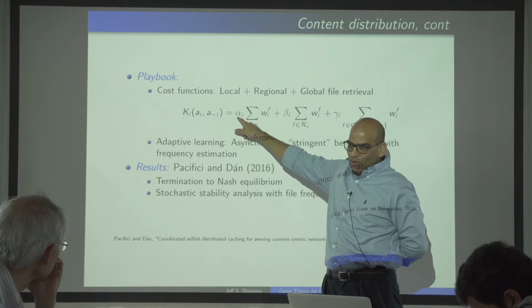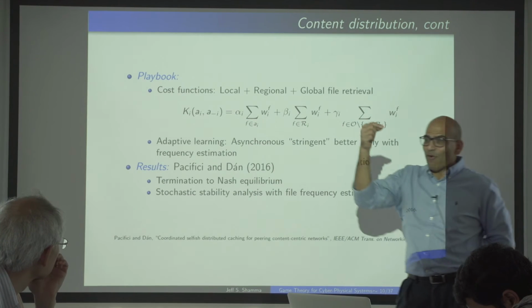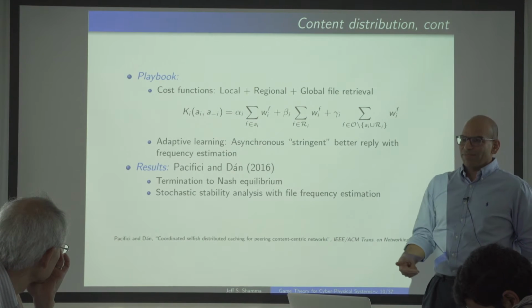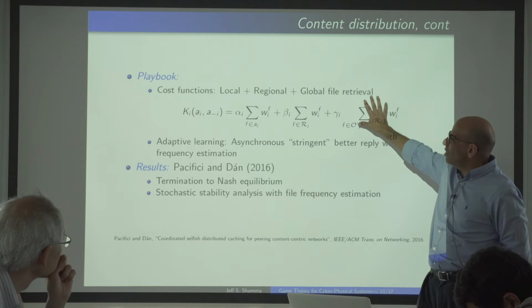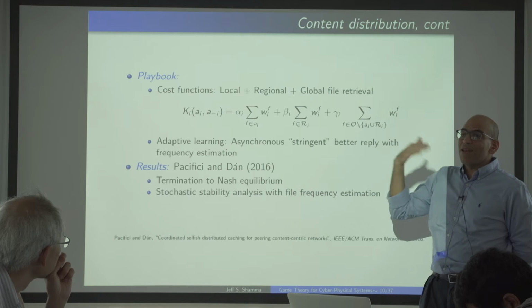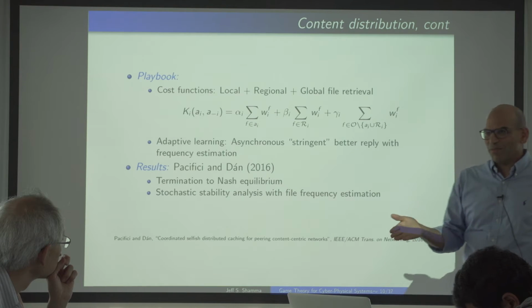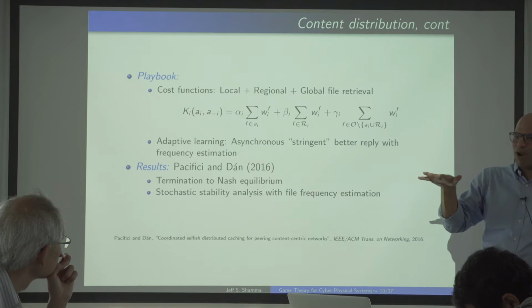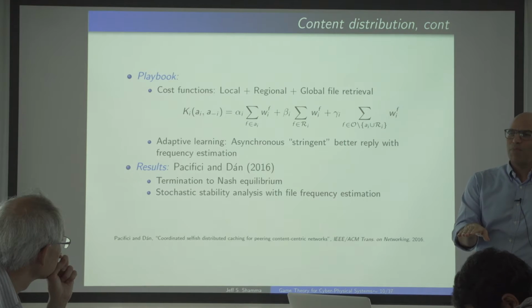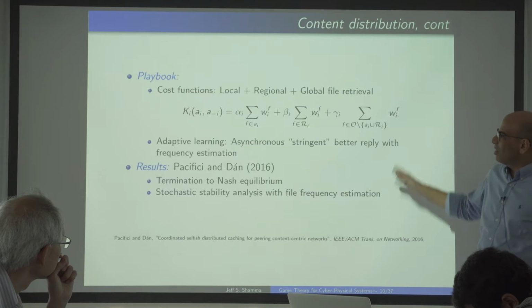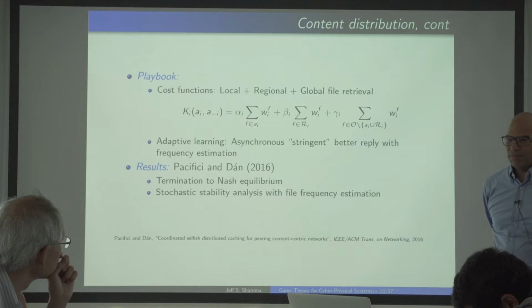Alpha means it's local, and the summation of W is how frequently I am getting each of these files. So nothing to do with the learning rate. No. This is just the formulation of the game, not the learning on the game. Remember in the playbook, we start off with cost functions or utility functions, then we implement the learning rule. This is just setting up the game.